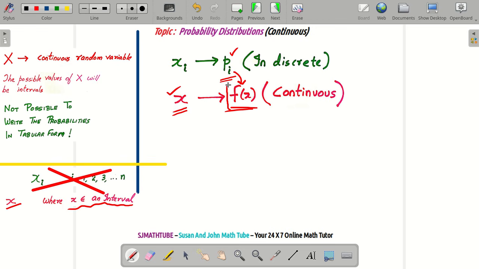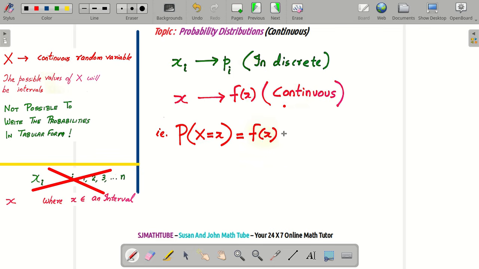So that implies the output values of our probability density function in the continuous case will always remain between 0 and 1. Did you get the point? These values can never ever be negative.